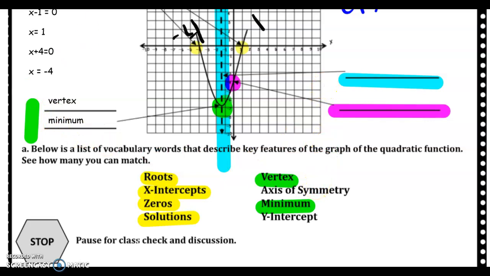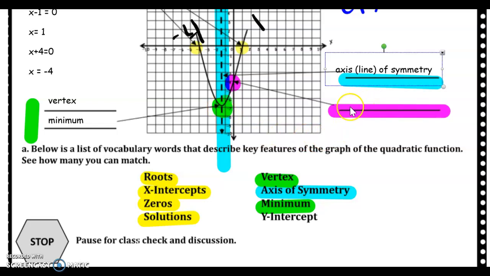Now I have one word for one thing. So let's start with the blue. The blue is tracing the line that divides my graph in half. This is called the axis or the line of symmetry. So we could call it the axis, which is another word for line of symmetry. And it goes right through the vertex. If you notice, the axis or the line of symmetry always goes through the vertex.